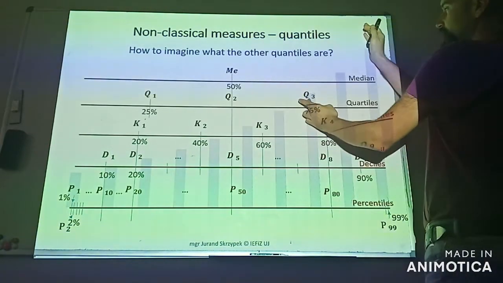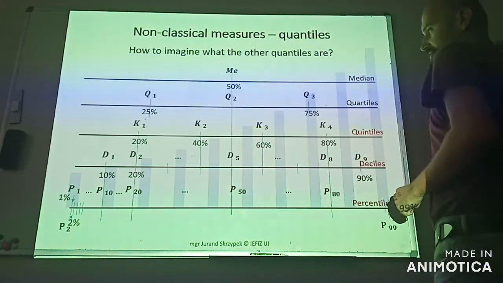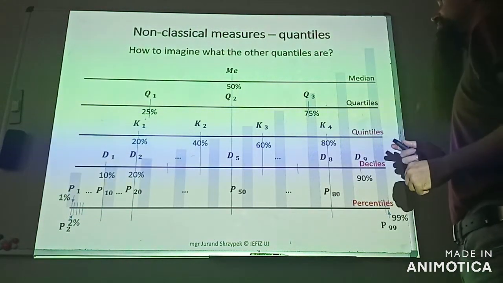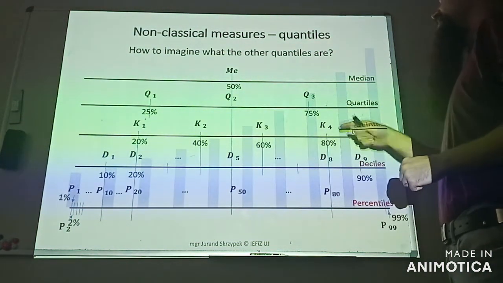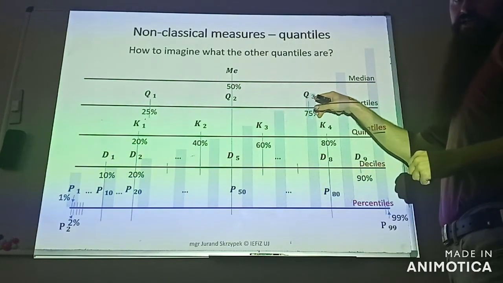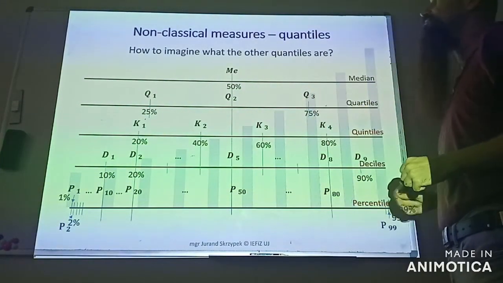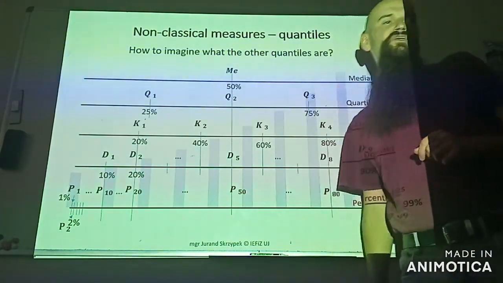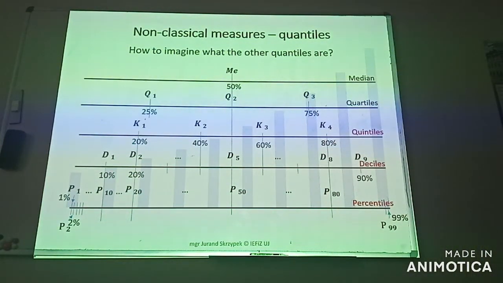We can also indicate the last 25% of the highest values, and these values are not lower than the third quartile. The second quartile means the same as the median.